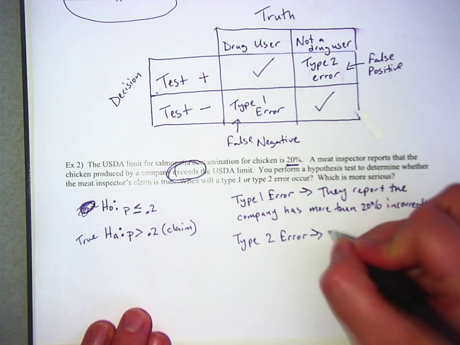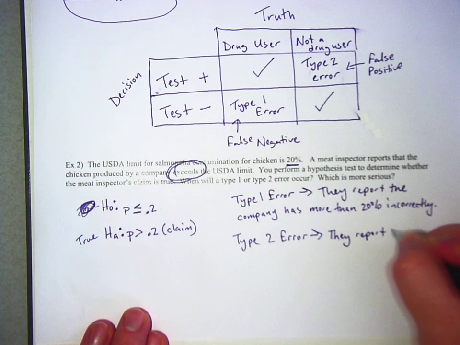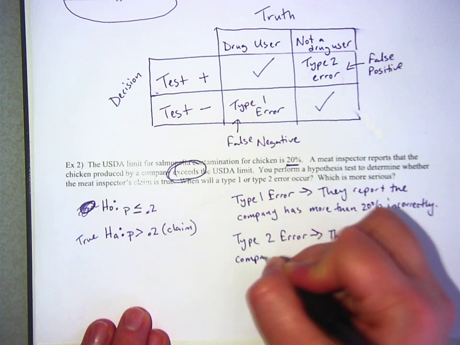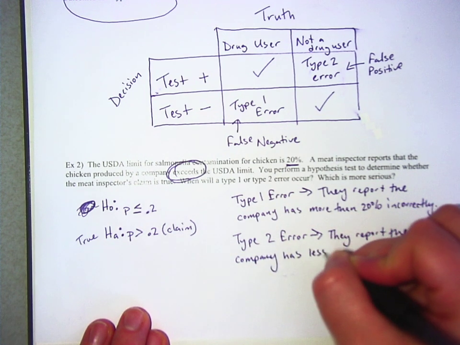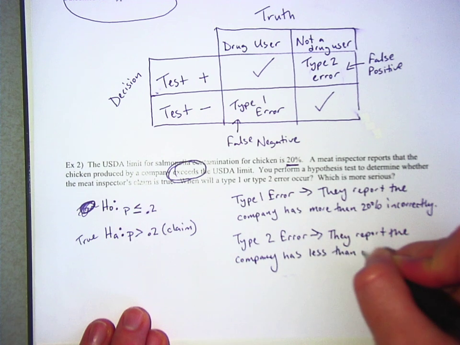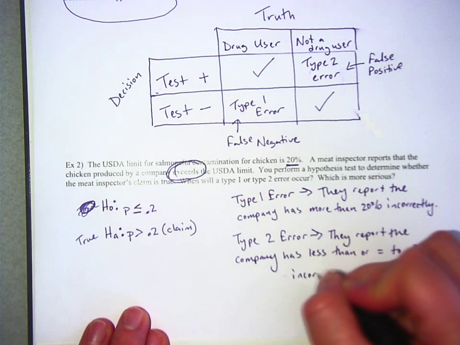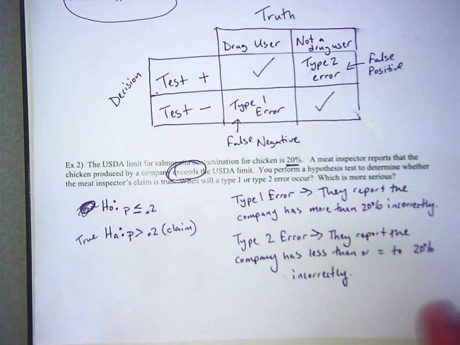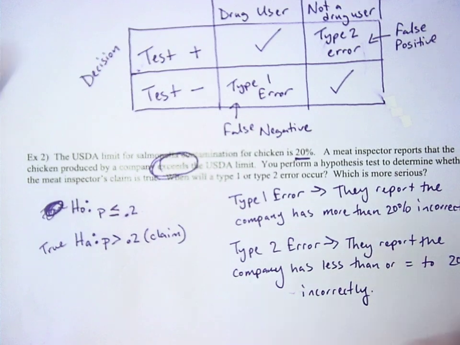So type 2 error is they report the company has less than or equal to 20% incorrectly. I know you always want to talk about the claim with this, but it's based on the null, not on the claim.